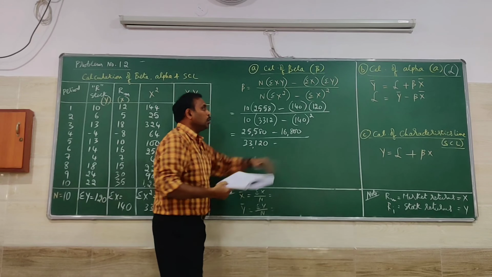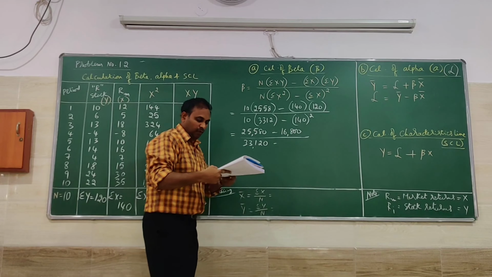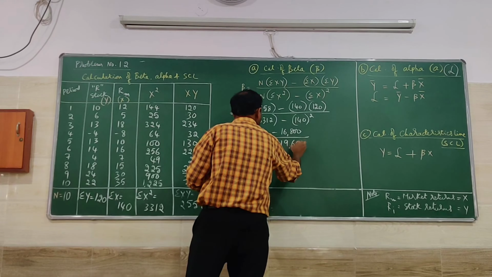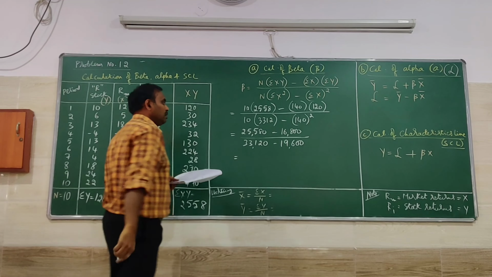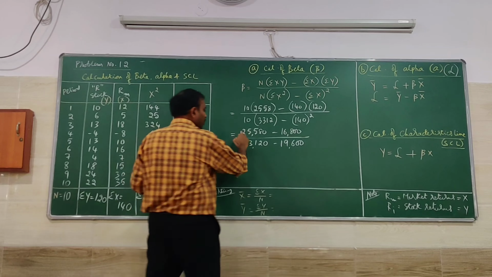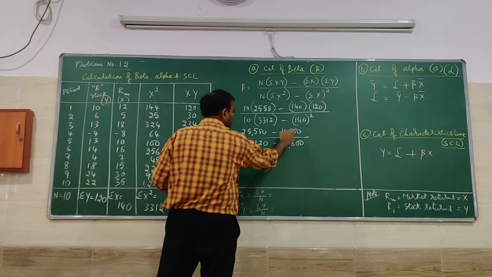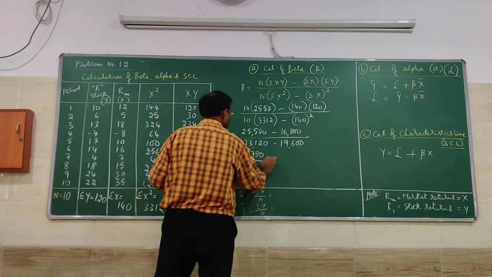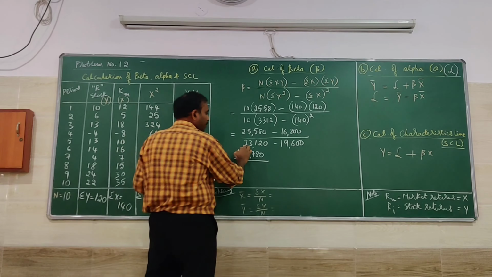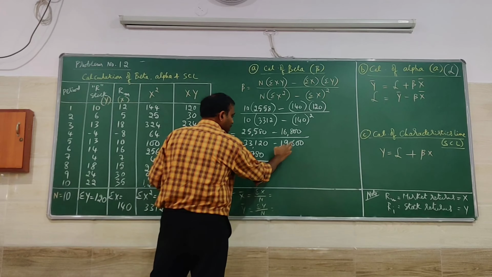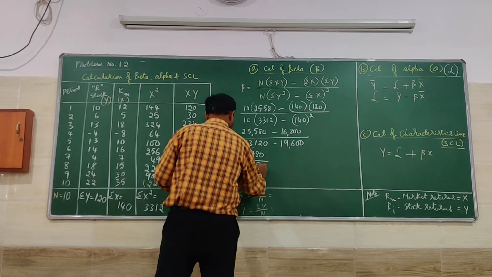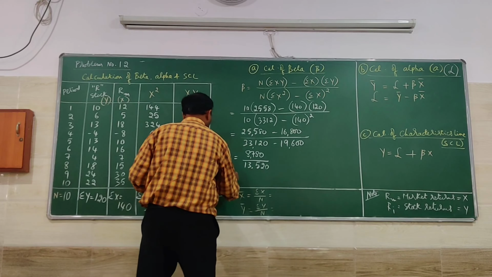Then 140 into 140, 140 square, 19,600. So 25,580 minus 16,800, 8780. Then divided by 33,120 minus 19,600, 13,520.